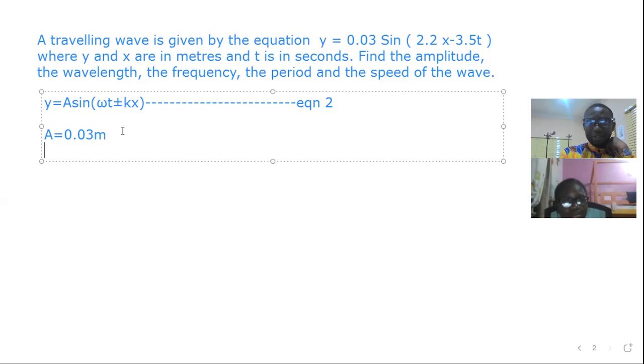The next thing they asked us to find is the wavelength. Awesome. Now, for us to get the wavelength, remember, in solving wavelengths, we use K. Let's go back to that question.